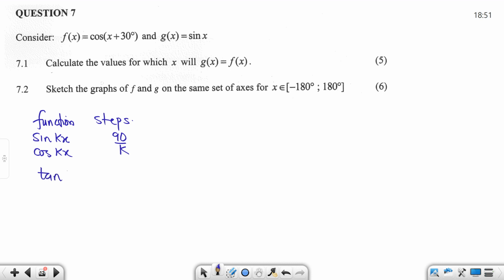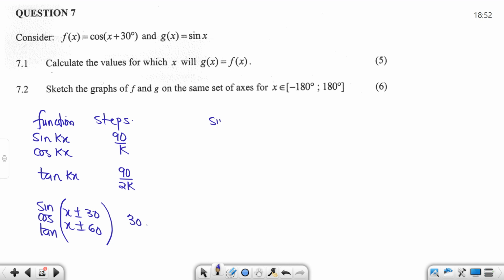But if I have 90 over 2. If I have sine or cos 10x plus or minus 30, plus or minus 60, then my step becomes what? 30.